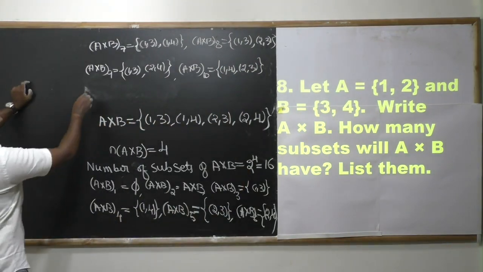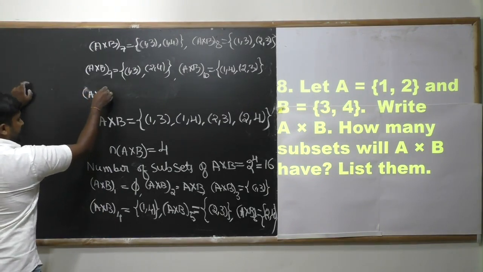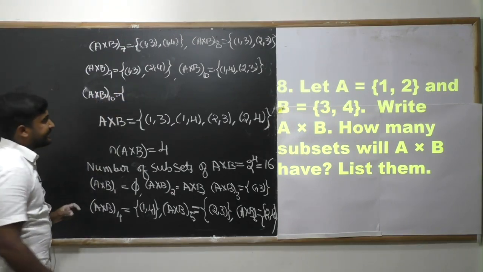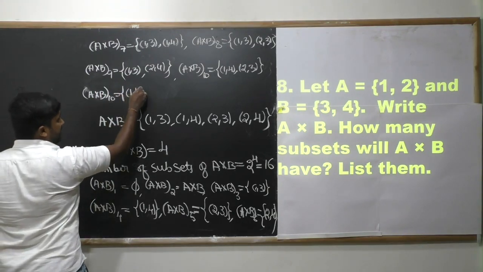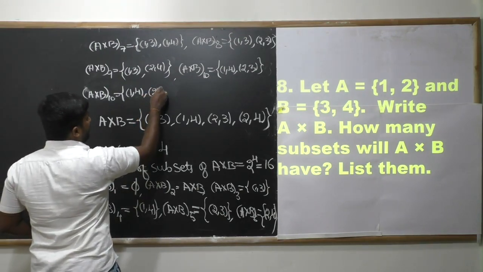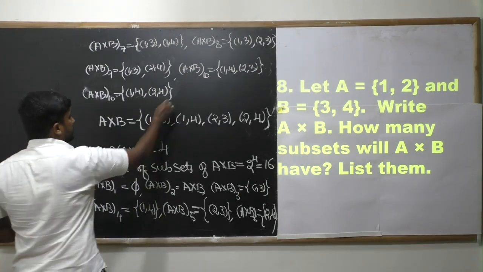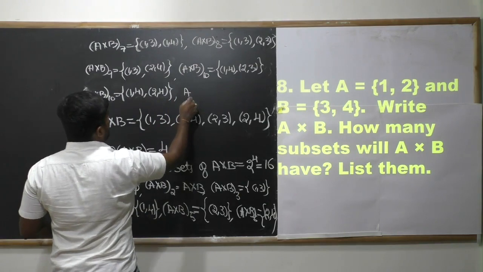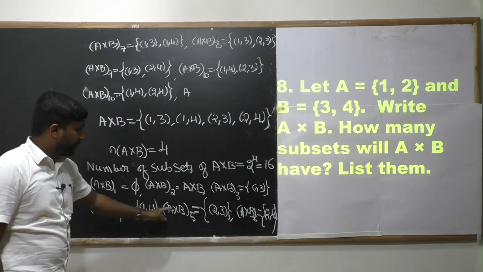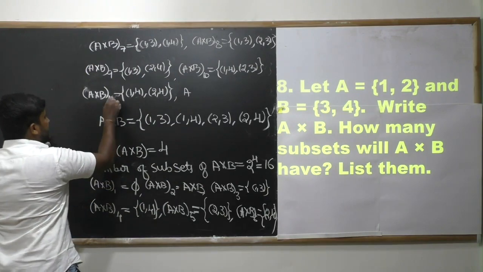Correct? Next, A cross B of 11. The 11th subset is the set with ordered pairs 1 comma 4 and 2 comma 4. Next, how many are over? 1, 2, 3, 4, 5, 6, 7, 8, 9, 10, and this is the 11th one.